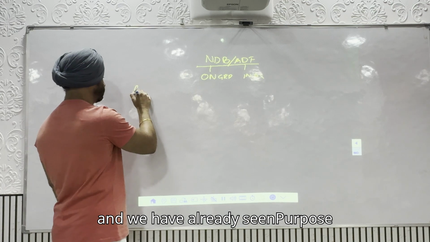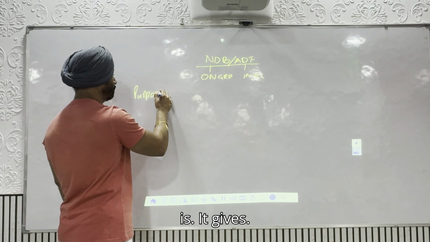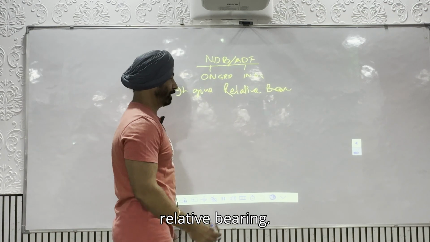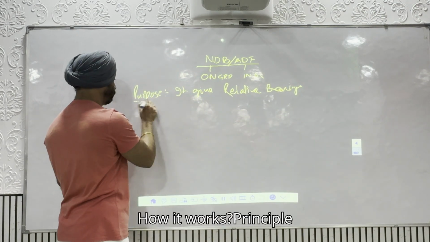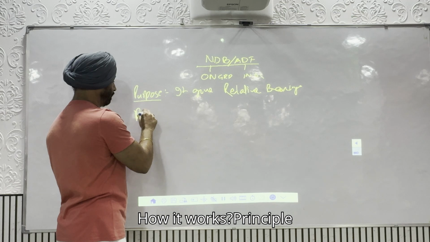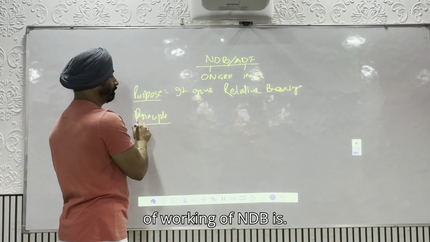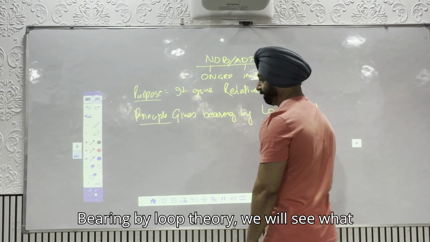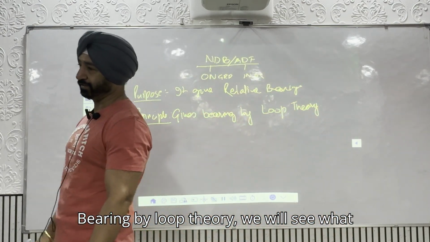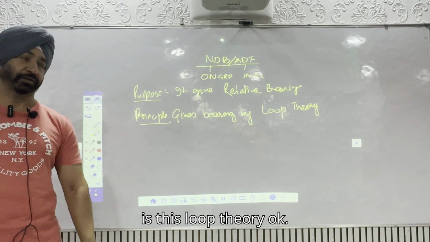We have already seen the purpose: it gives relative bearing. How does it work? The principle of working of NDB is bearing by loop theory. We will see what this loop theory is. Okay.